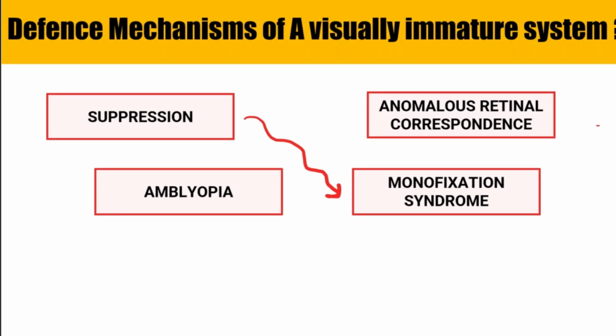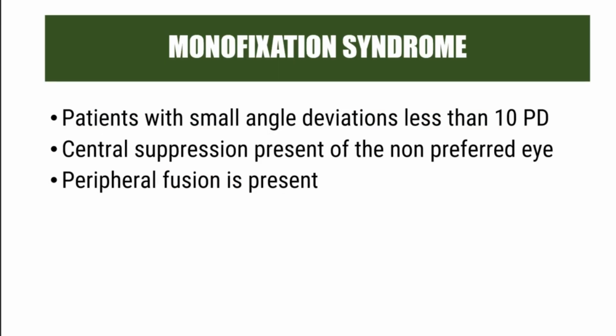Now moving ahead to another mechanism, and that is monofixation syndrome. You should remember that it is quite similar to suppression. This is nothing but central suppression or foveal suppression that is seen in kids with small angle deviation of less than 10 prism diopters.